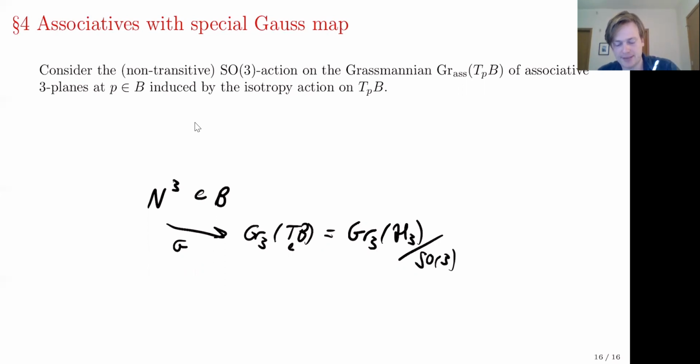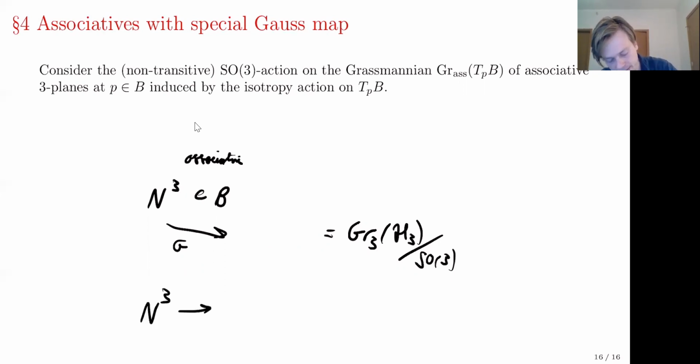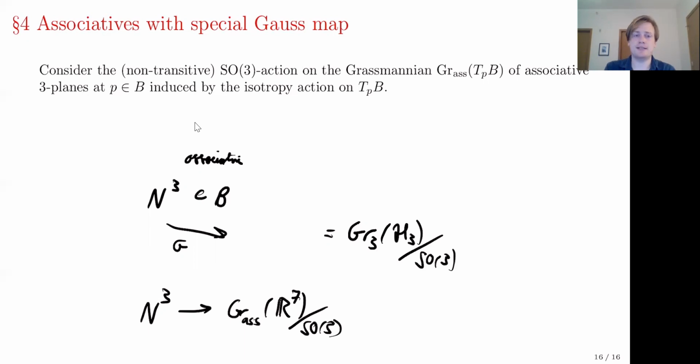So this gives rise to this ambiguity in the image, which you can get rid of by quotienting by SO3. So it goes into the space of SO3 orbits on this space. Well, if you assume that N3 now is associative, then you're going to map into the associative Grassmannian. So you're going to have a map from N3 into the Grassmannian of associative 3-planes in R7, quotiented by the natural action of SO3 in this example.